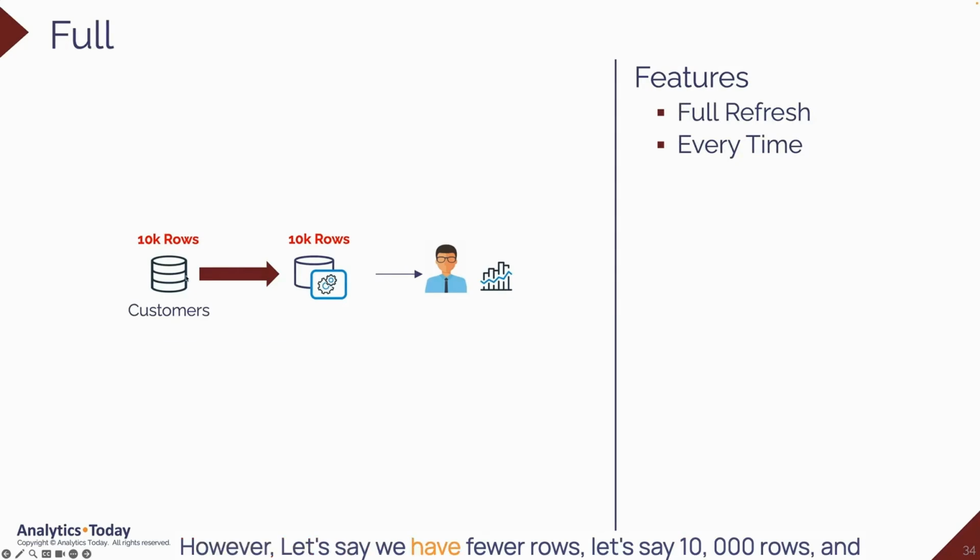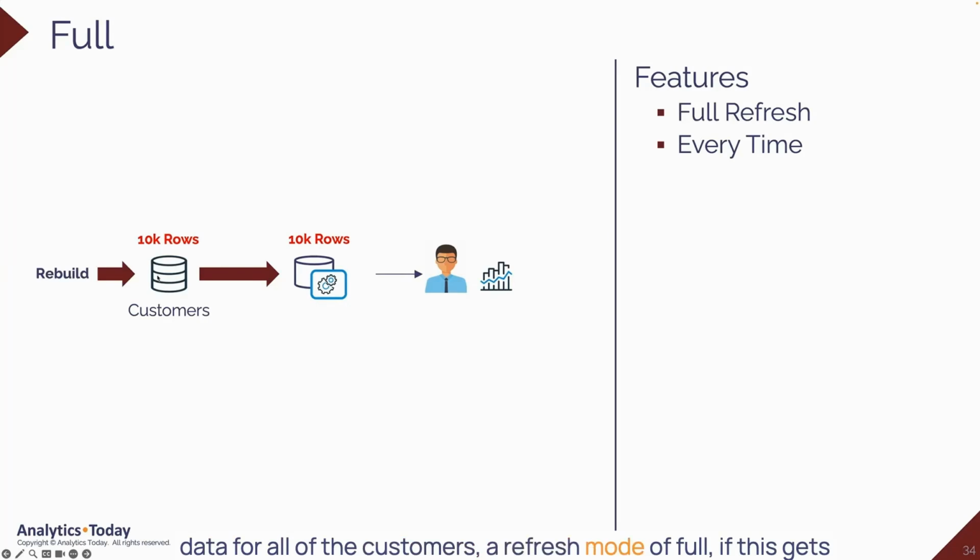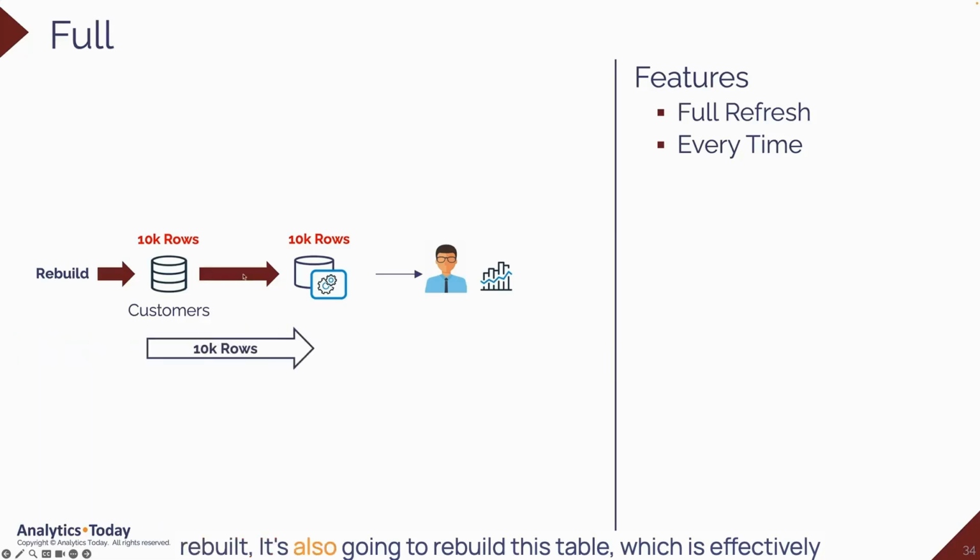However, let's say we have fewer rows, let's say 10,000 rows, and instead of it being transactional data, it's now customer data. But every day, let's say, for example, we deliver a new set of data for all of the customers, a refresh mode of full, if this gets rebuilt, it's also going to rebuild this table, which is effectively generating an insert overwrite and then bringing in all of the data and applying the business rules in a single step.